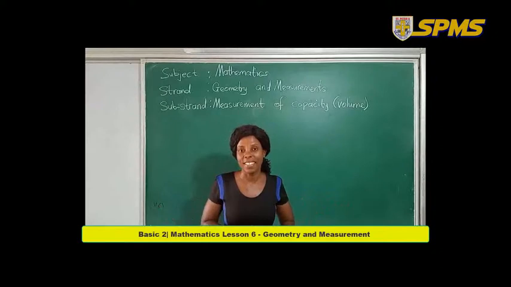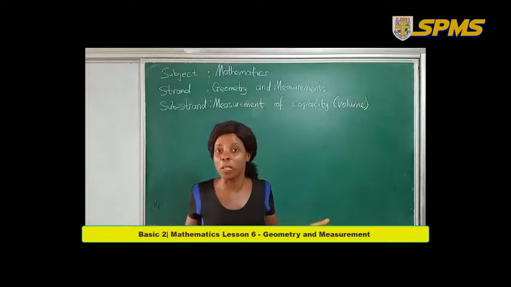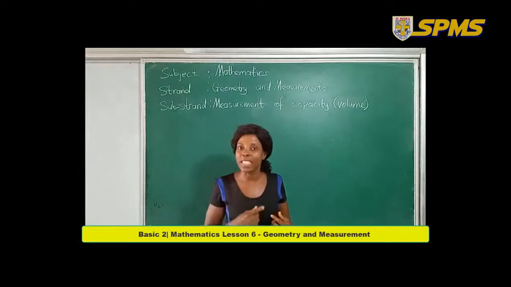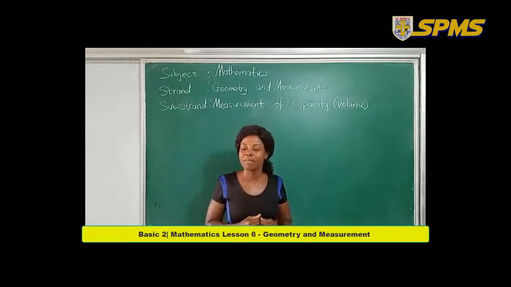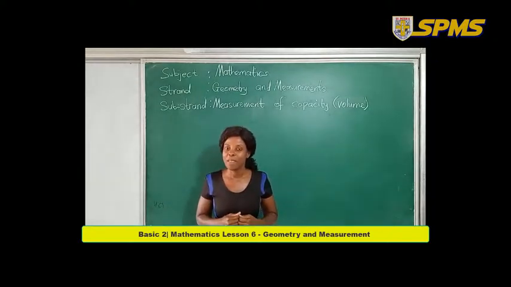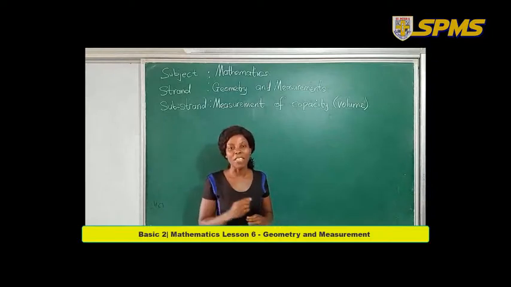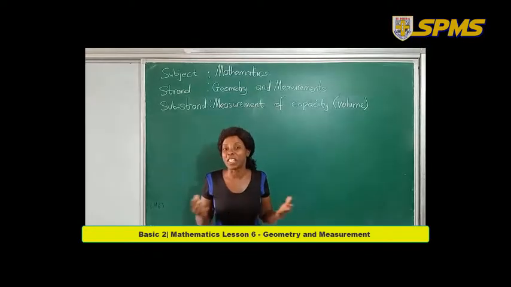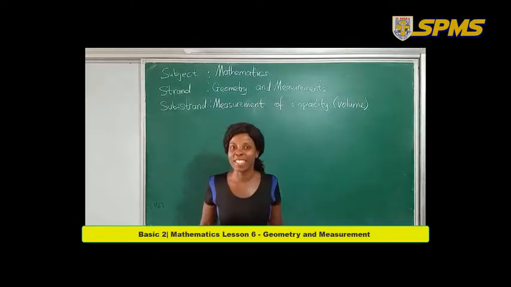What are they? The scales, the various scales. Good. Let's mention them. We have the pan scale or the kitchen scale, the beam balance, the bathroom scale, and the industrial scales. Very good.